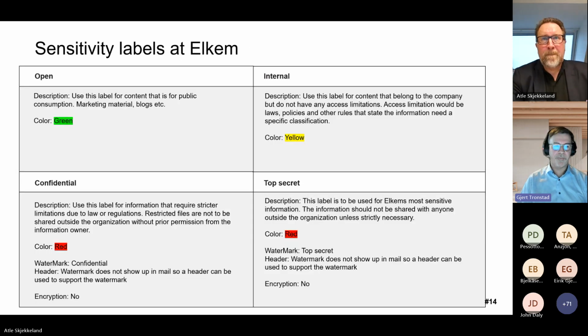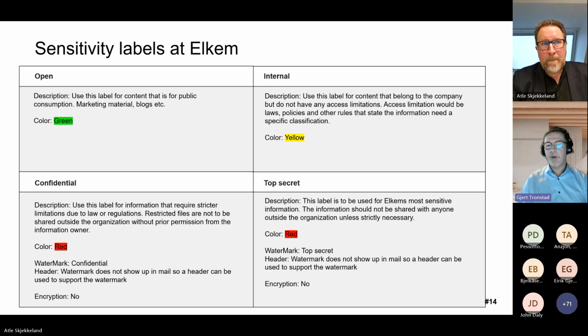But anyway, what we had decided to do is open, where we say that this is a document or content that could be publicly shared. This is, of course, like marketing materials. It could be blogs, stuff like that. Internal is more like what is default. All information that we now start to create, it could be an email, it could be a document.